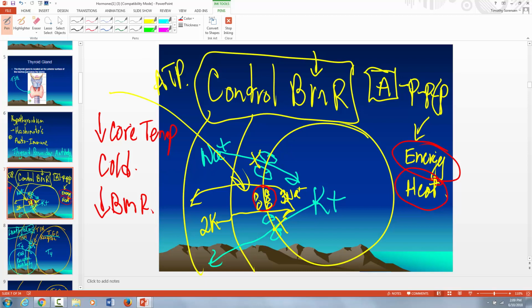So if the pump ain't pumping because the cells are less leaky to sodium and potassium, anything that you eat, I don't care what it is, carbs, fats, or protein, in excess, that's not being used to make ATP, will ultimately get stored as fat. So if you're not using the stuff that you ate to make the pump work, then it will get converted to fat. So these people will begin to gain weight.